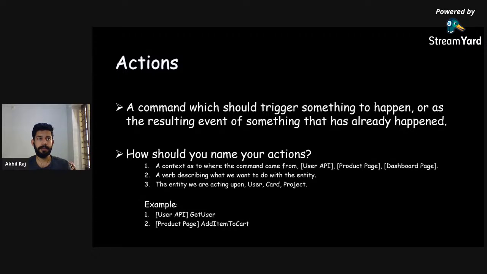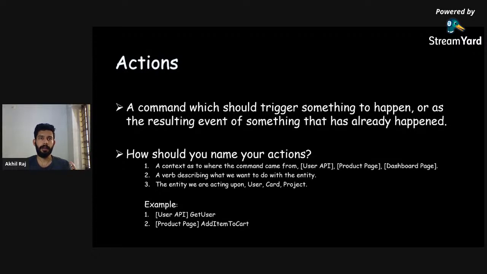The second is a verb describing what we want to do with the entity, like add, delete, or update. And the next is the entity we are acting upon, like adding a user, a card, or a project.